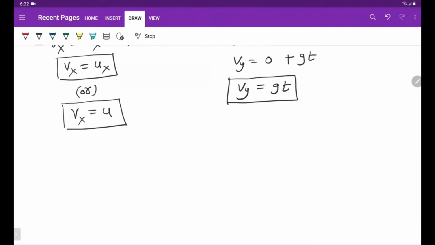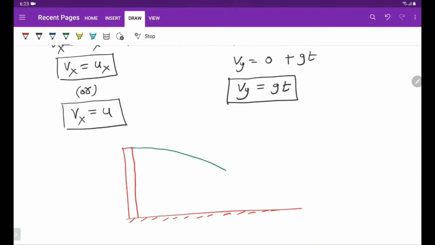So if we plot a graph, we are actually projecting from a building of height h onto the ground. The particle will follow this path. Suppose the particle is at this position.